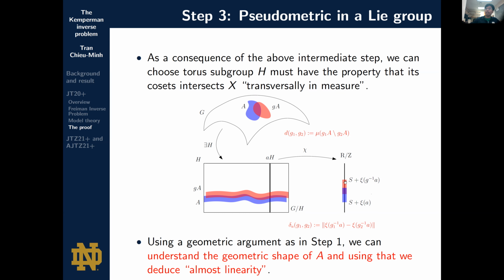And you are just reducing to essentially two intervals over here, and that allows us to prove that this is almost linear. And that completes the final step of paper one.